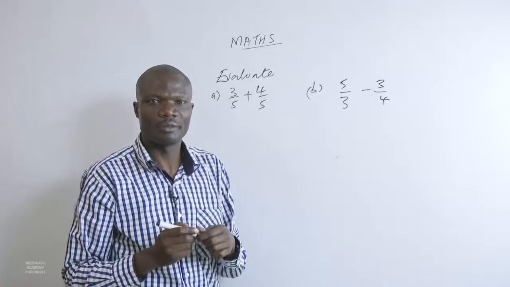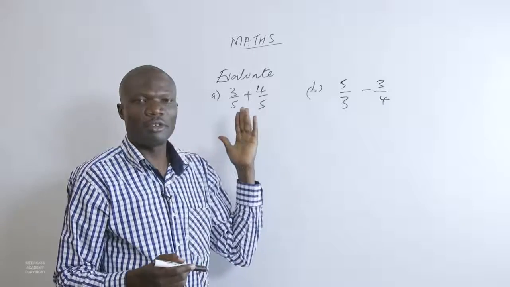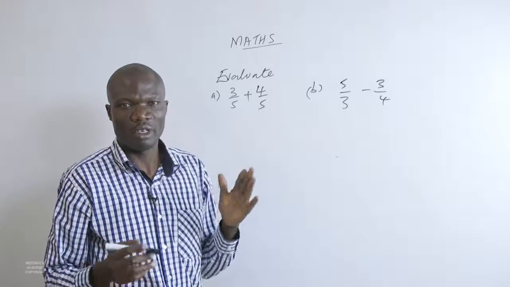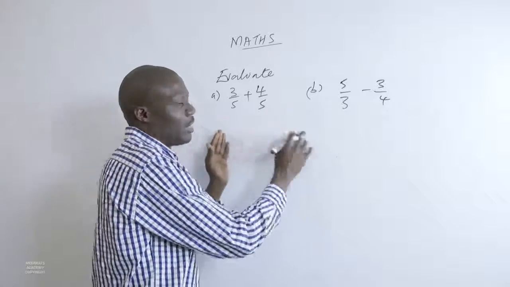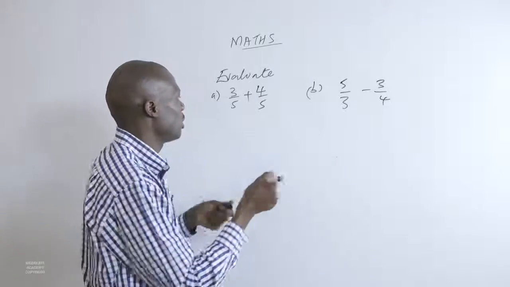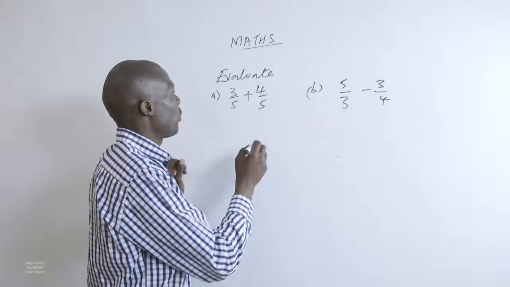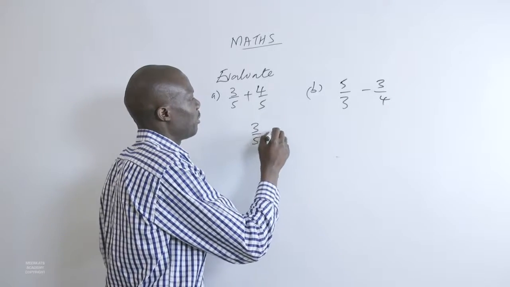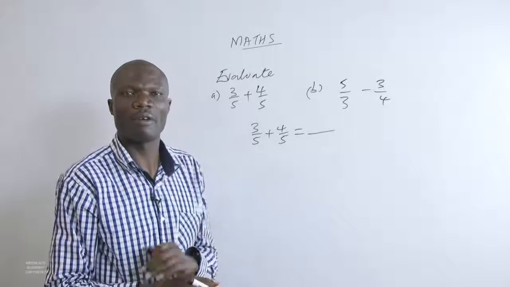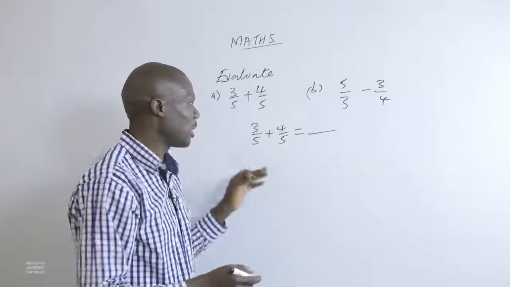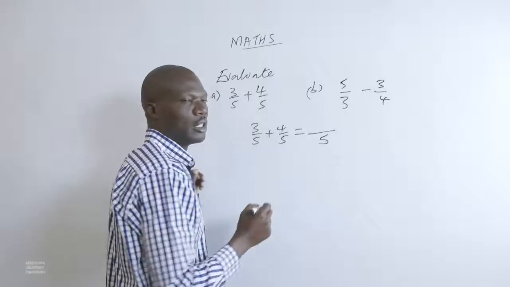Evaluate 3 over 5 plus 4 over 5. The denominators are the same, so this case is simple. What is the denominator? The denominator is 5. Good.